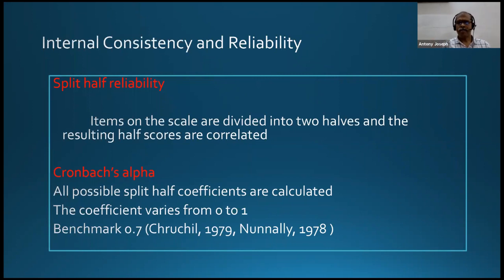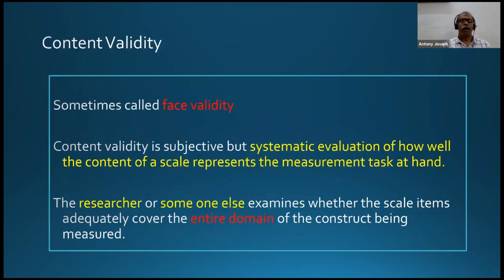I have already told you something about content validation. Content validation is otherwise known as face validity. Content validity is a process of systematic evaluation of how well the content of a scale represents the measurement task at hand.